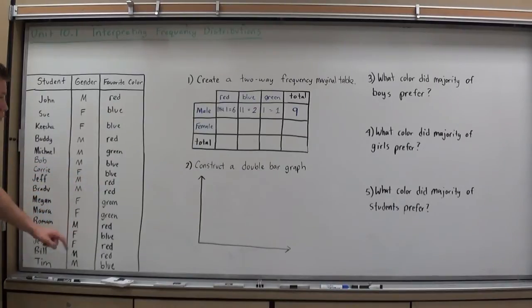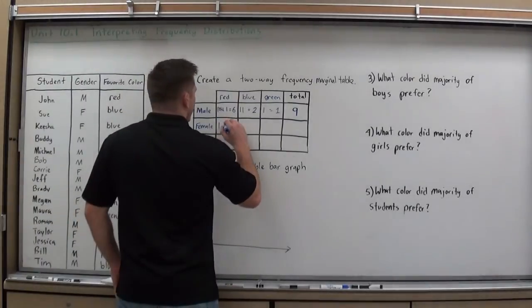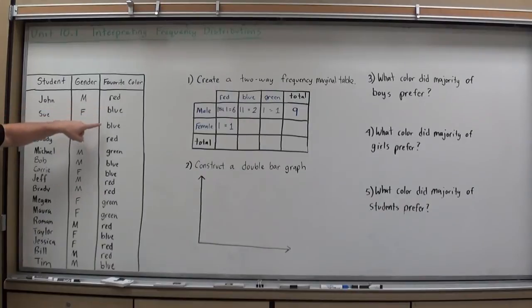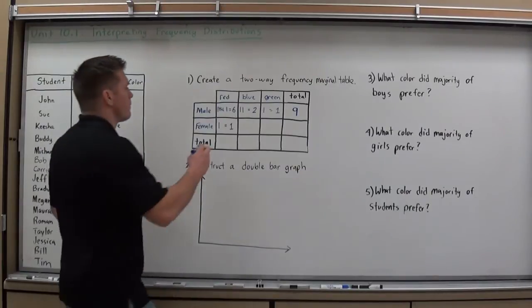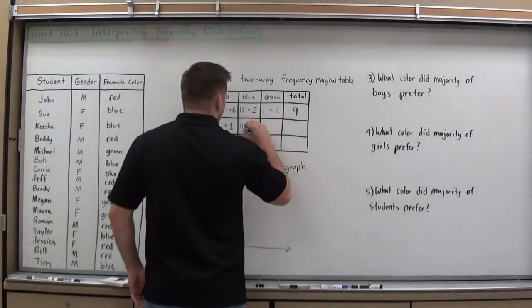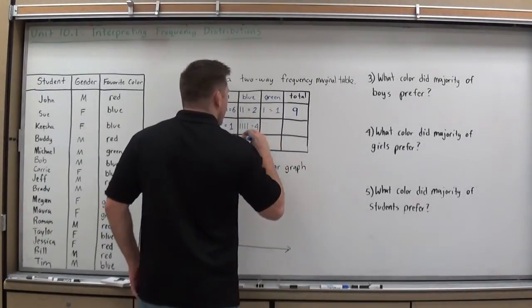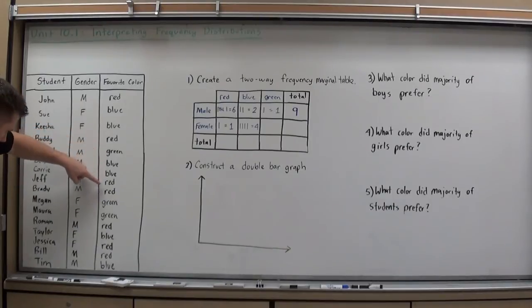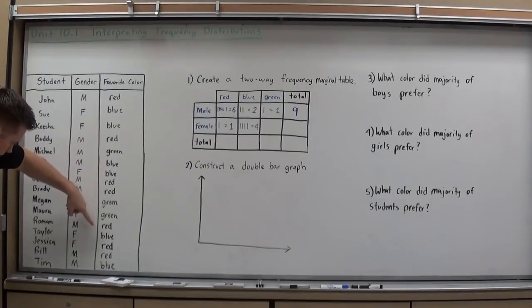Now females that preferred red. I see 1. So 1 female that prefers red. Females that prefer blue. 1, 2, 3, 4. And females that prefer green. 1, 2.